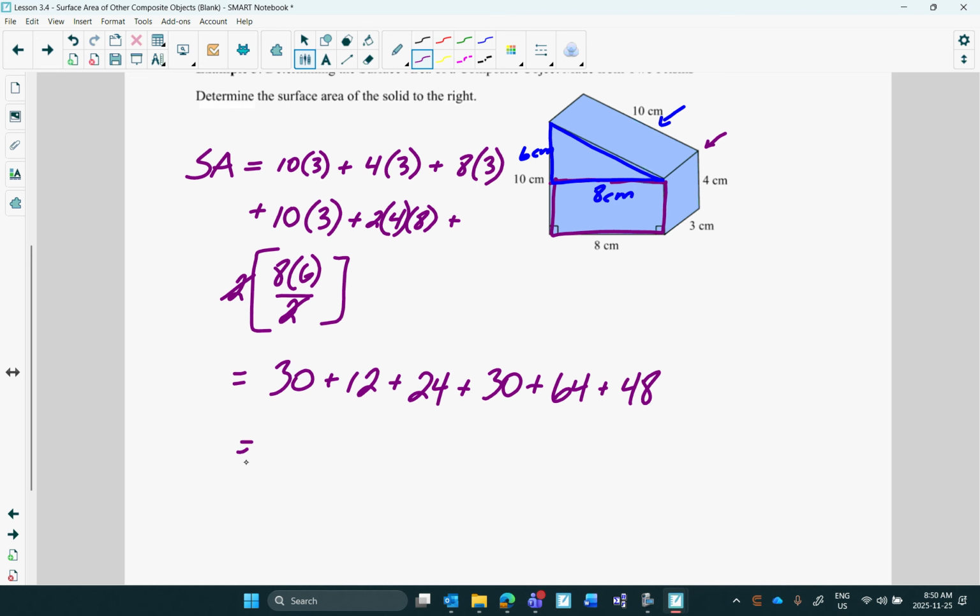And then we have to add all these together. 42, 66, 96, 160, 208. Yes. And don't forget the units, centimeters squared.